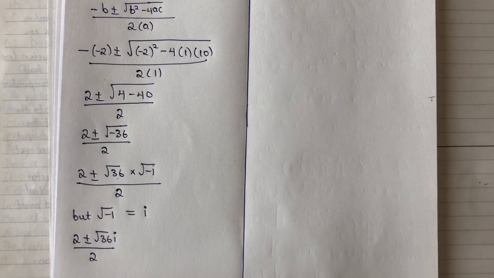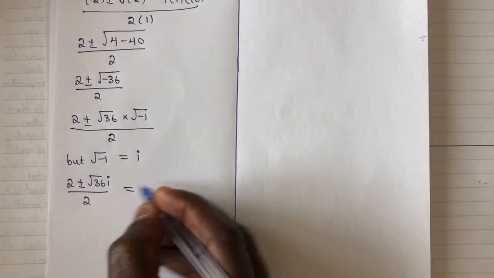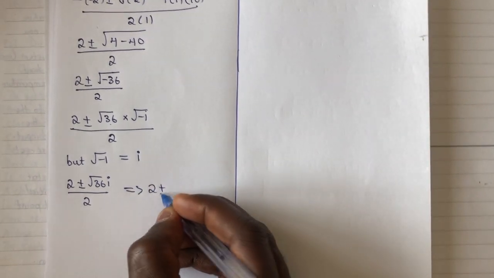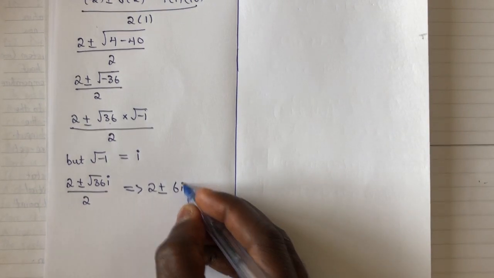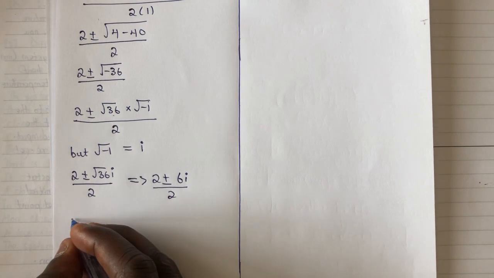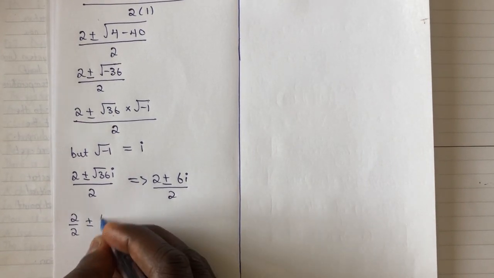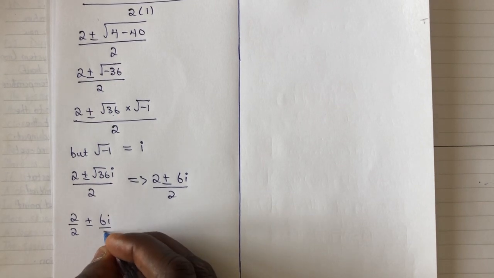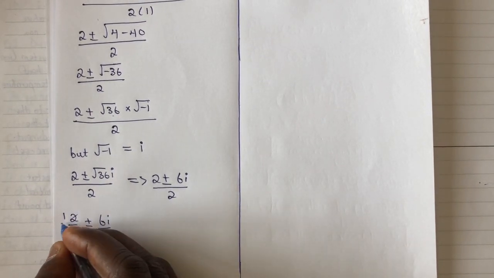And root of 36 will give you 6. So you are getting 2 plus or minus 6i all over 2. You can rewrite this by saying this is 2 over 2 plus or minus 6i over 2. This will take care of this to get 1, 1.